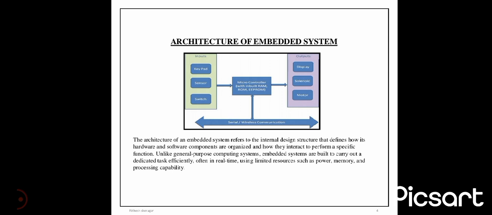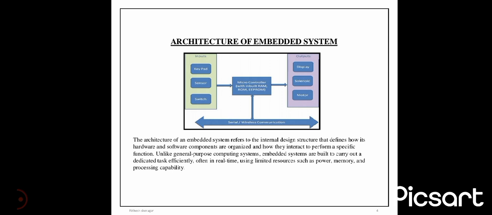There are two types of memory, RAM and ROM. RAM is random access memory and it will hold only temporary memory used during the operation. ROM is a permanent memory where the programs and code will be stored. Input and output devices. In input side we can see in the structure keypad, sensor, switches.